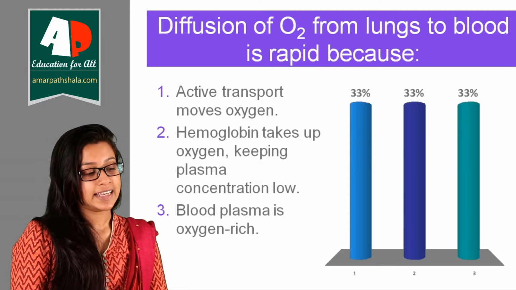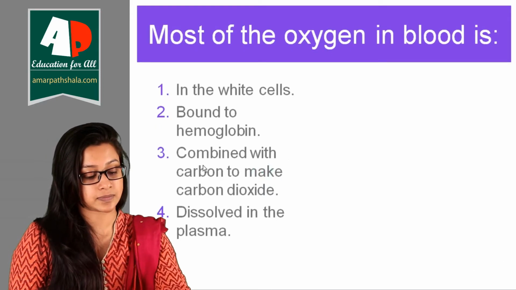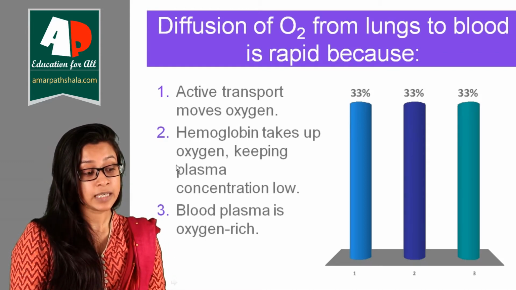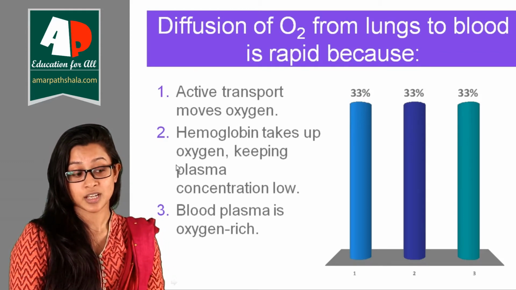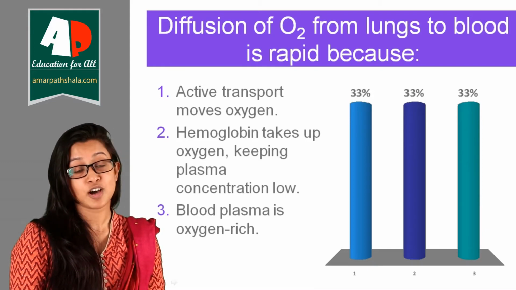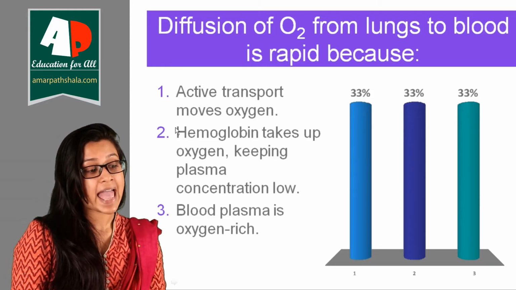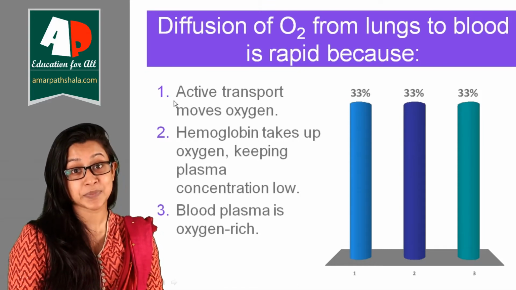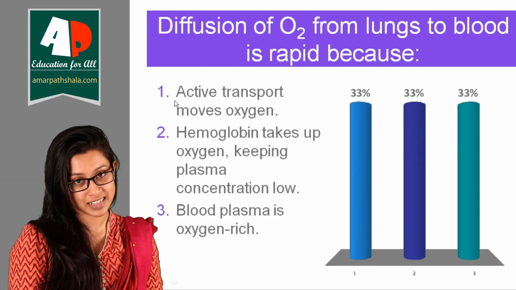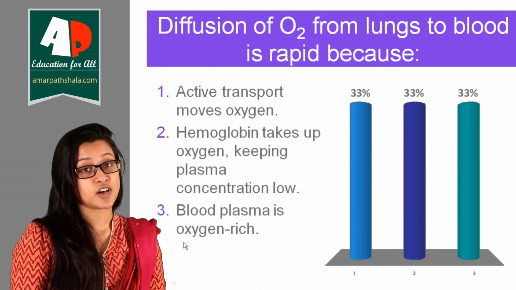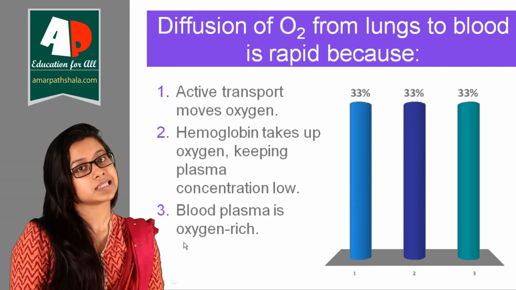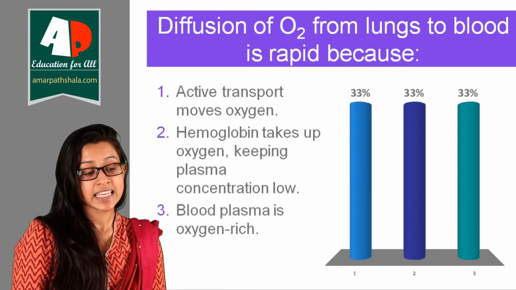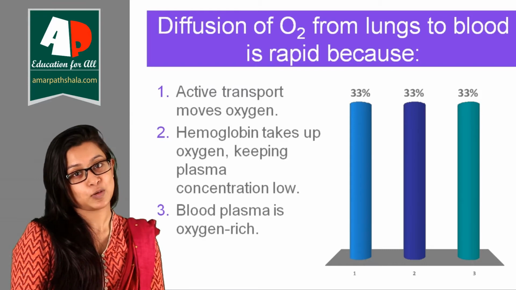So the answer is hemoglobin takes up oxygen, which keeps the plasma concentration low, because active transport does not move oxygen. Oxygen seeps in because of diffusion. And blood plasma is oxygen rich. No, blood plasma is carbon dioxide rich. So hemoglobin takes up oxygen, keeping plasma concentration low.